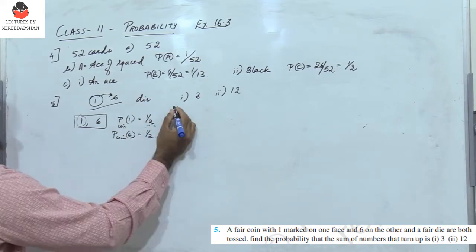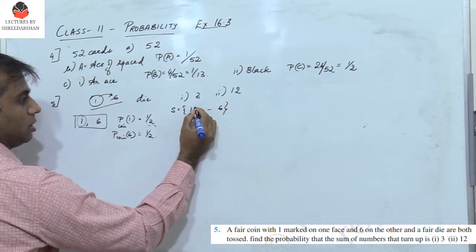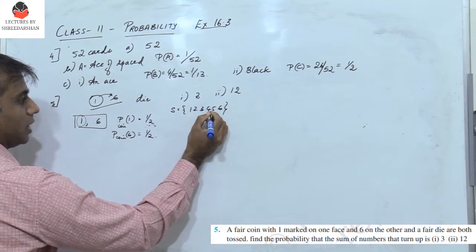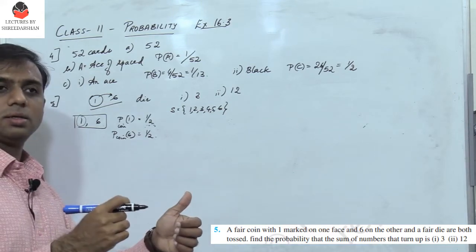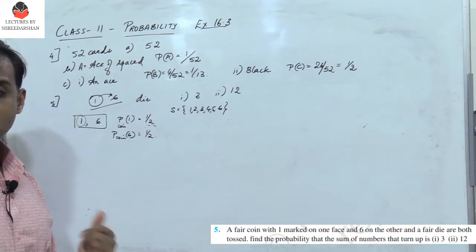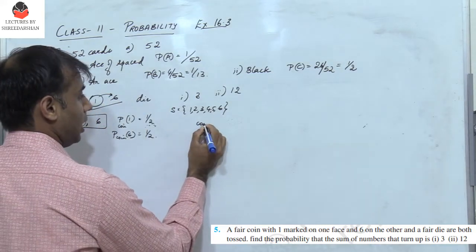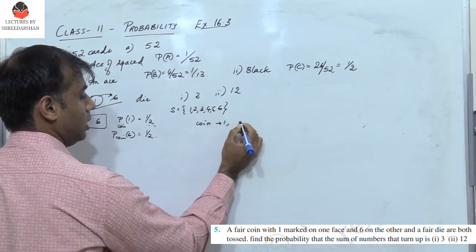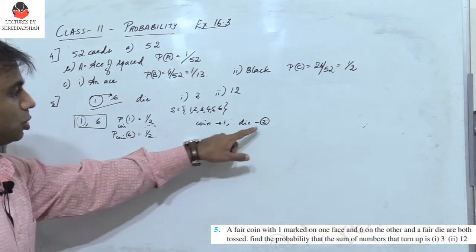Next, for the die, the sample space is of course 1 to 6. So I can get 1, 2, 3, 4, 5 or 6. So what do I need? I toss a coin and I throw a die. The sum should be 3. When will the sum be equal to 3? The sum will be equal to 3 when I get a 1 on the coin and a 2 on the die.